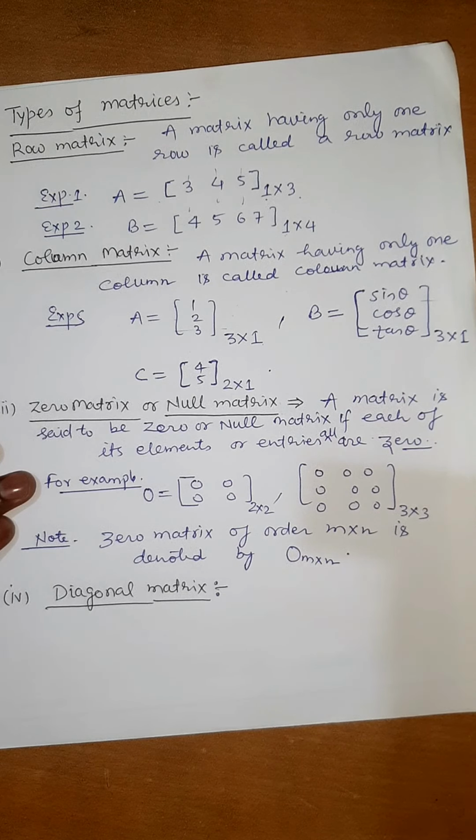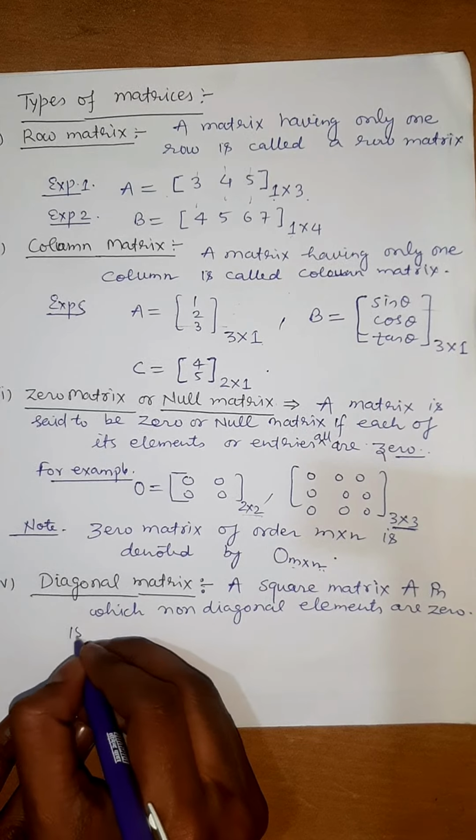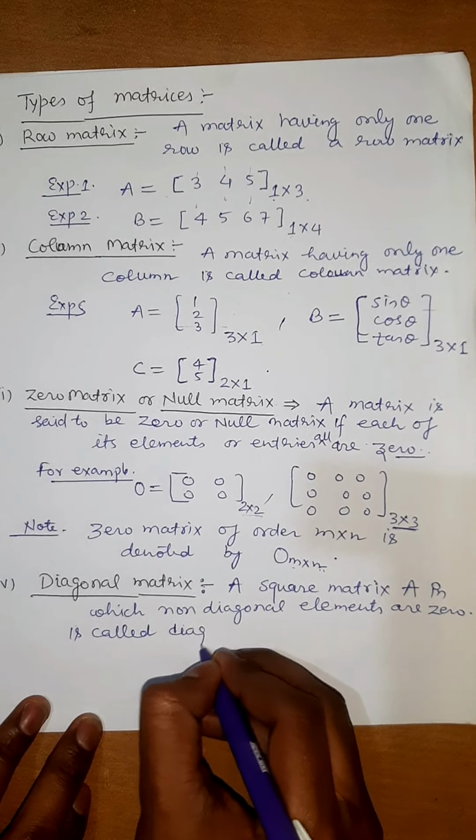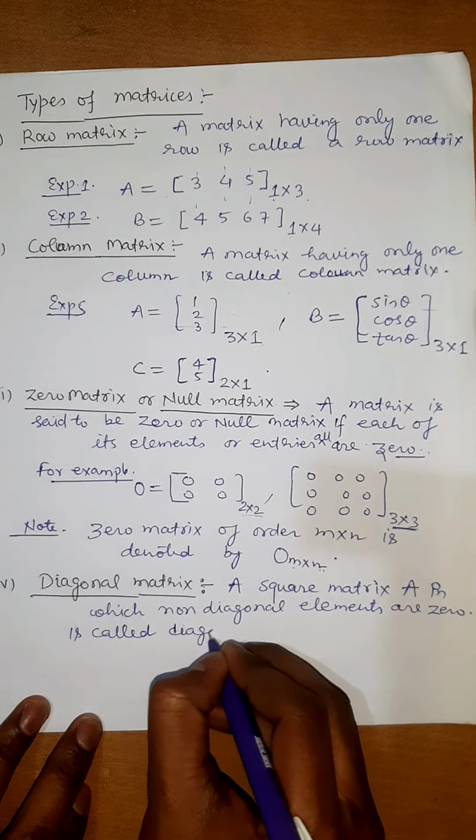A square matrix A in which all non-diagonal elements are 0 is called a diagonal matrix.